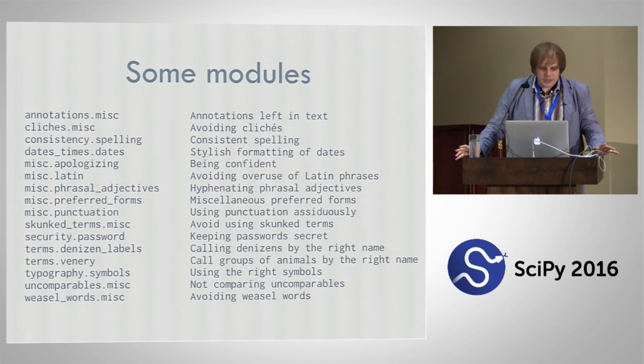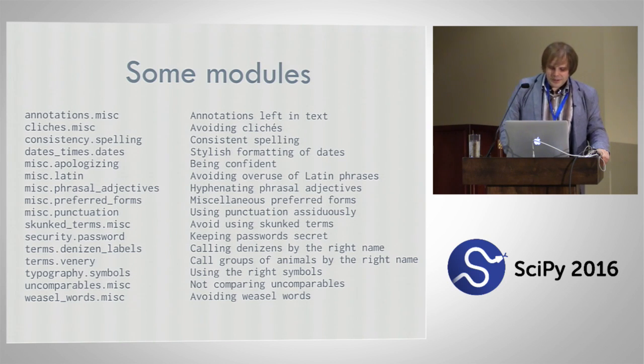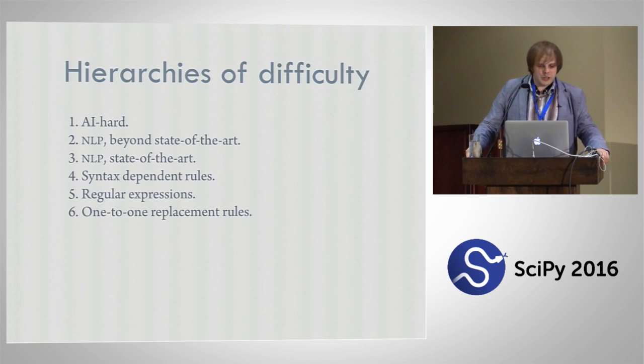Some of the modules that we have check whether you've left annotations in the text, avoiding cliches, making your spelling consistent, date formatting, and venery terms, which are the terms for groups of animals, like a murder of crows, a pride of lions, and a murmuring of starlings, I think. Wonderful things. I'm not going to talk about those because I'm running out of time.